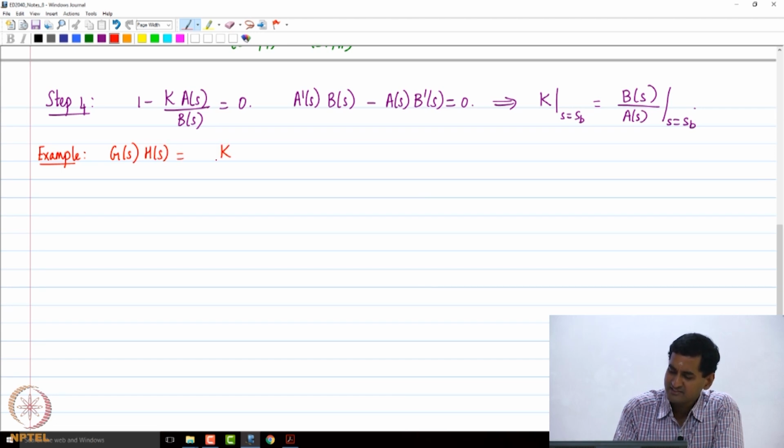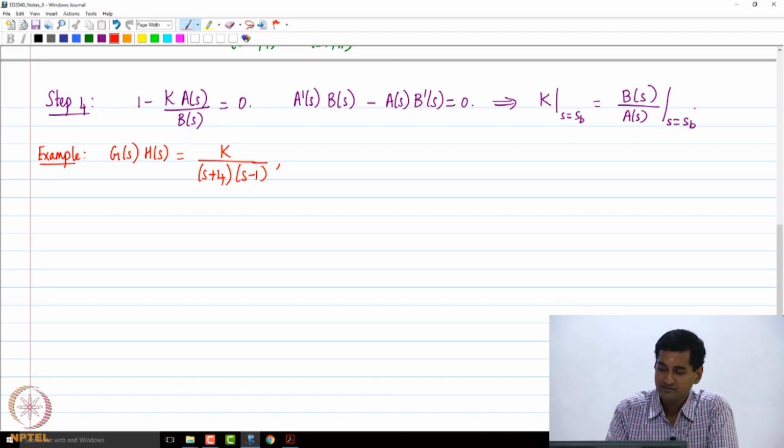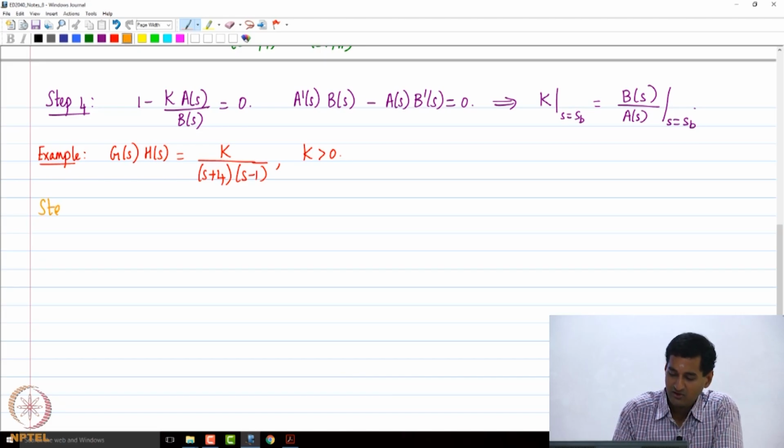I think the first exercise that we considered was the open loop transfer function k divided by s plus 4 times s minus 1, am I correct? With k greater than 0. Correct? Okay. So let's do all the steps in the construction of the root locus. The first step remains the same. There are 2 open loop poles, no open loop zeros.